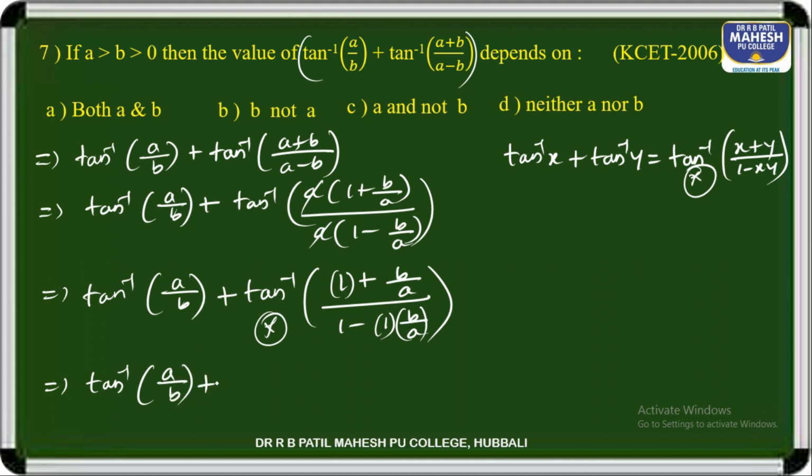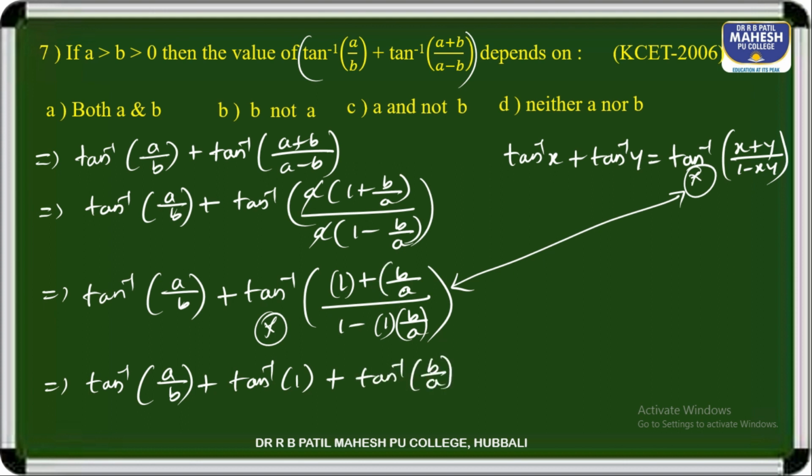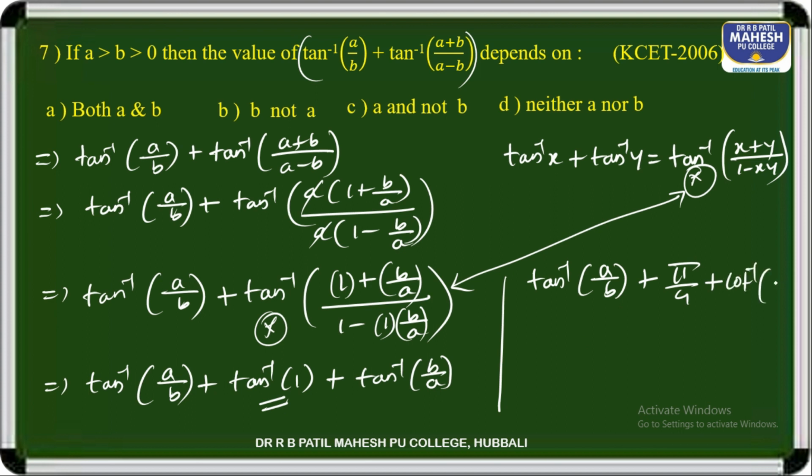Plus, if I apply this RHS to this expression, tan inverse of x plus y upon 1 minus x into y will be tan inverse x plus tan inverse y. Be careful, y value is b by a. Hope you followed this one. So after that, tan inverse a by b, plus tan inverse 1 value from the table, pi by 4, plus tan inverse b by a in terms of cot inverse reciprocal, that is a by b.